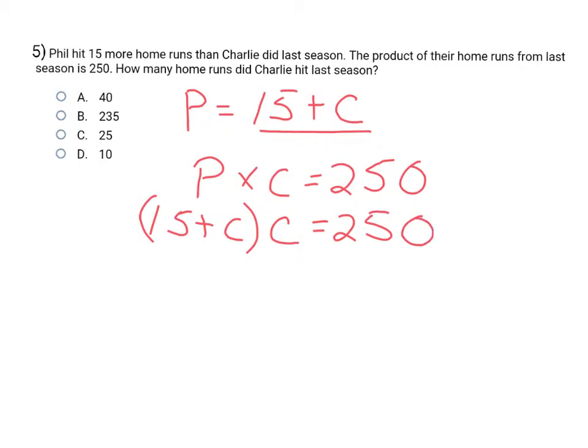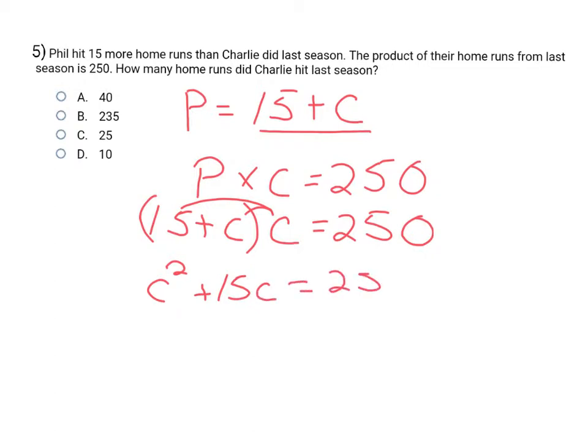And now I can actually solve this equation because there's only one variable in it. This just has C's in it. So it's a quadratic equation, so we'll do this multiplication first. C times C is C squared, and then C times 15 is 15C.